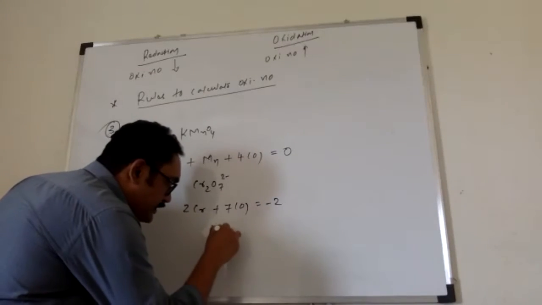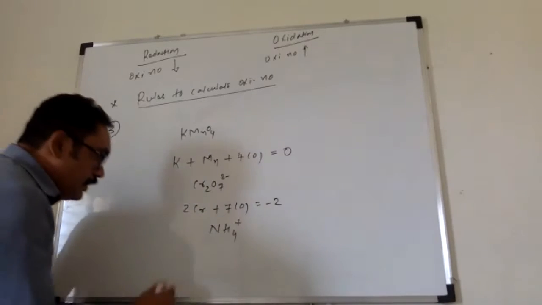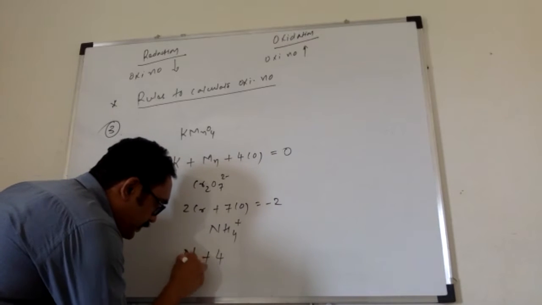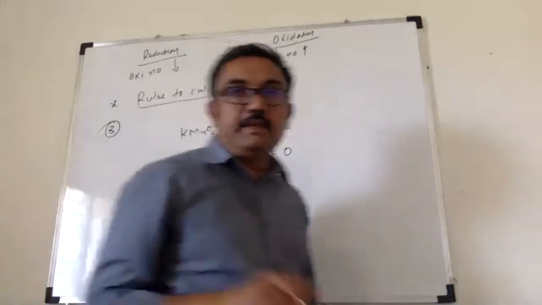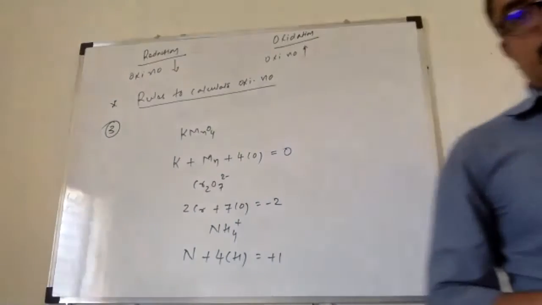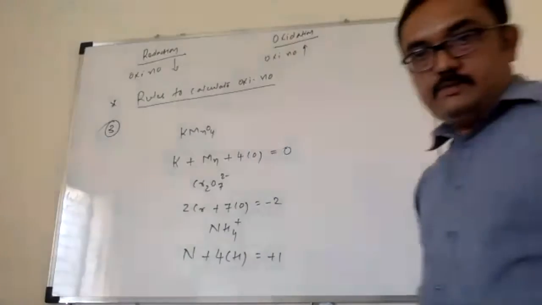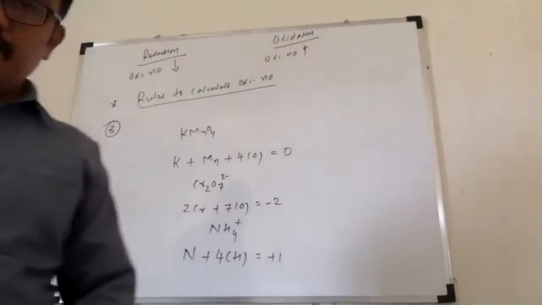If there is a positive charge like NH4+, the ammonium ion, then the oxidation number of nitrogen plus 4 times the oxidation number of hydrogen equals +1. That is rule number 3. The sum of oxidation numbers of all atoms equals whatever charge is on the molecule, and 0 in case of neutral.